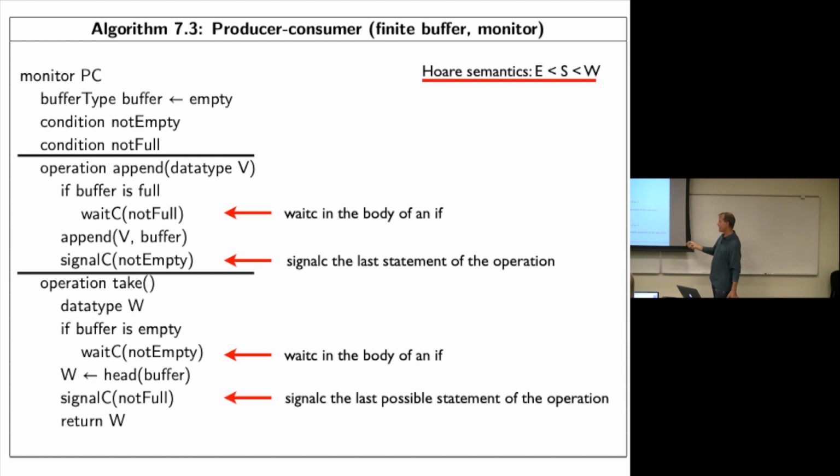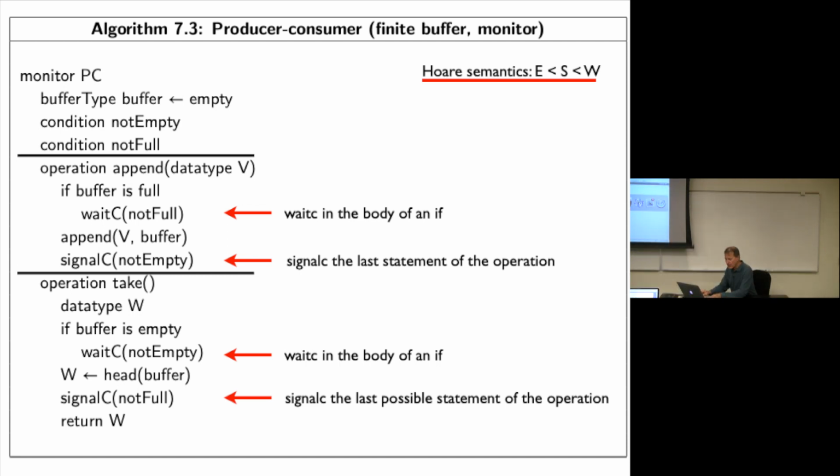This signal C is the last possible statement of the operation because this returns something. So we can't have the return here, right? Otherwise, because return returns, the signal would never execute. So signal C is the last possible statement of the operation. We return W. All right?